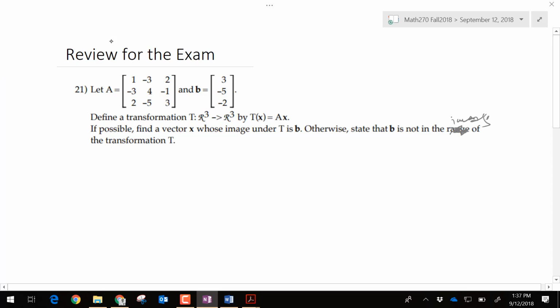So what we essentially want to say is Ax equals b, and can we find a value for x? That's essentially what this is asking for. And so we would just set it up as an augmented matrix and then row reduce.